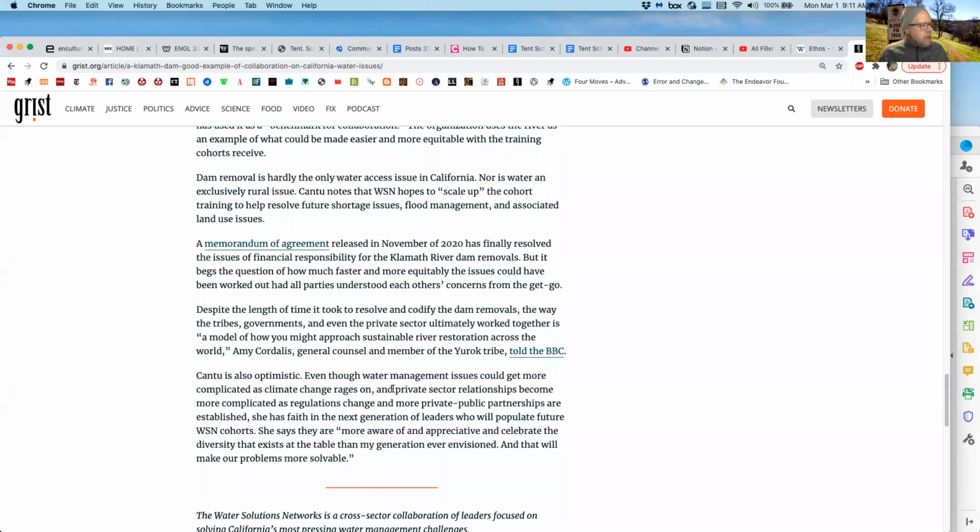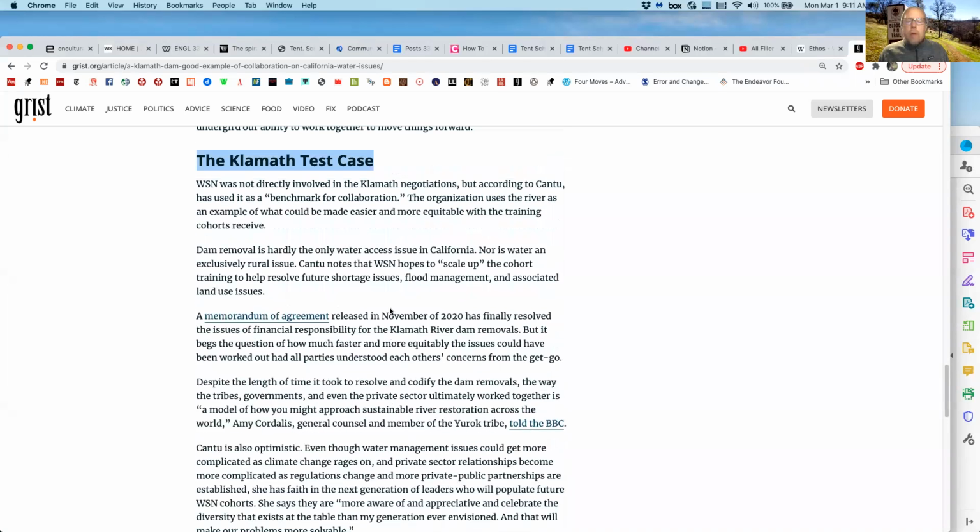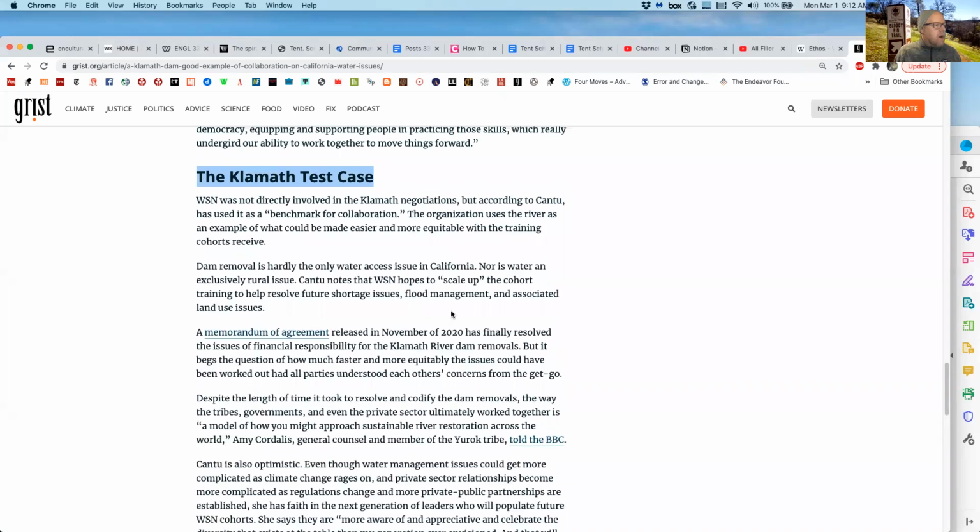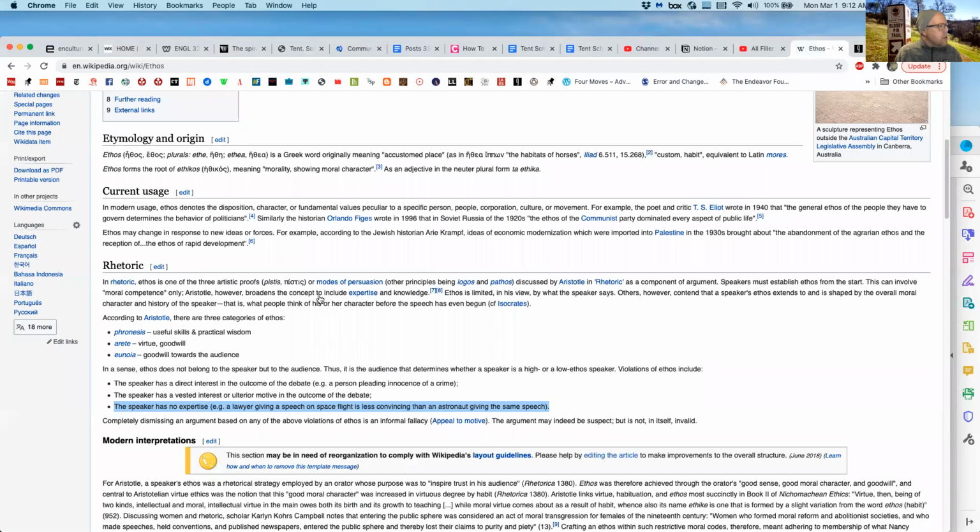So what we do then is we are putting all of this in the hopper. We're saying to ourselves, okay, so in terms of ethos then, what are we doing? We followed this article all the way from the beginning to the end, and we've noted certain parts that seem to stand out to us in terms of these three terms, phronesis, arete, and eunoia.